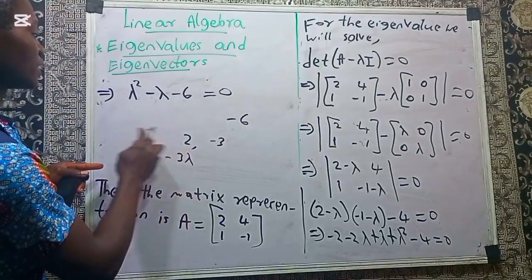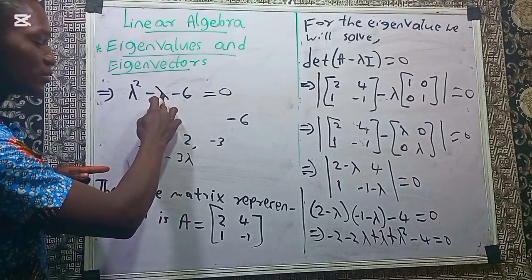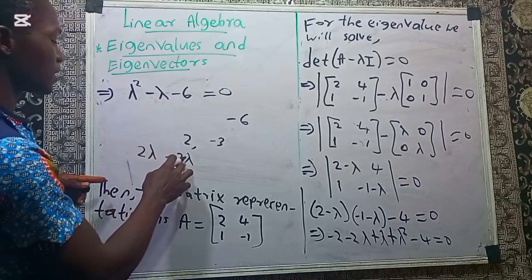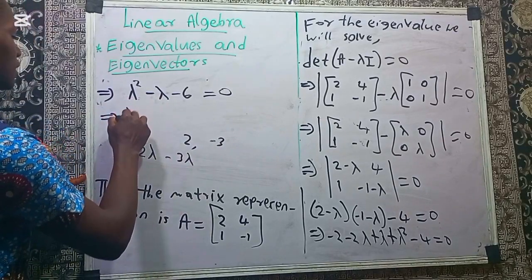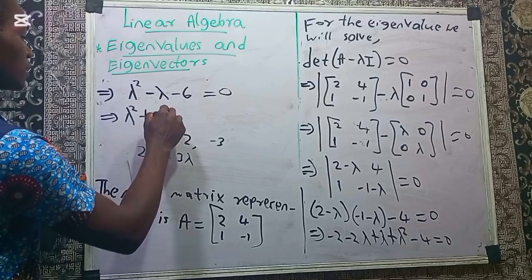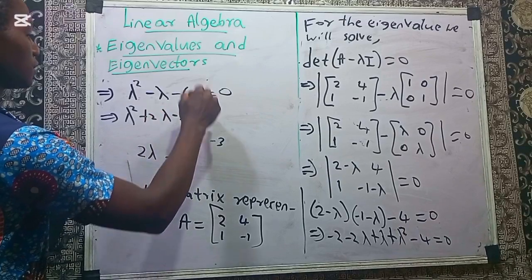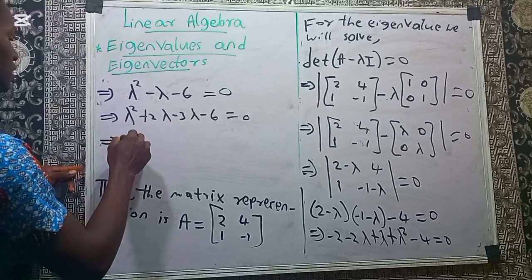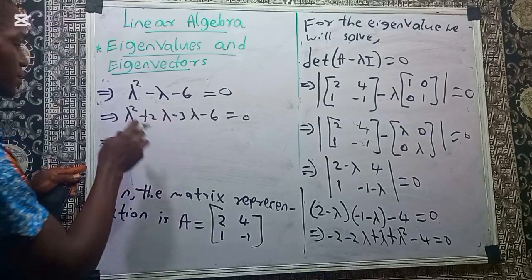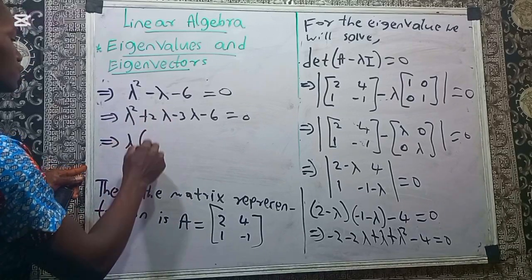So this is equivalent to the middle term. 2 lambda minus 3 lambda will give us negative lambda. So this implies lambda squared plus 2 lambda minus 3 lambda minus 6 equated to 0. So this simply implies we can factorize. Lambda is common here.